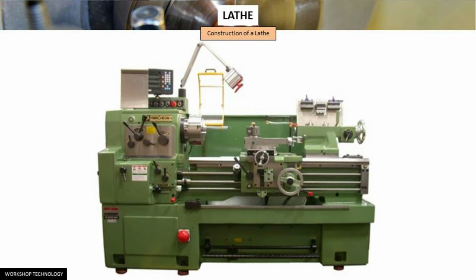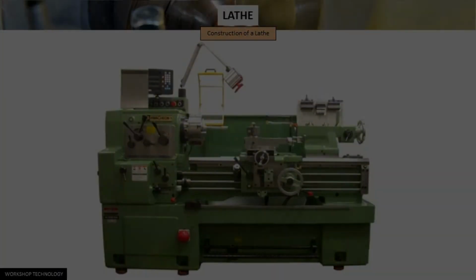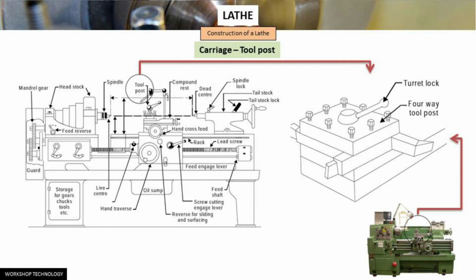The compound rest slide is actuated by a screw which rotates in a nut fixed to the saddle. The tool post is an important part of the carriage, which fits in a T-slot in the compound rest and holds the tool holder in place by the tool post screw, as you can see in this figure.